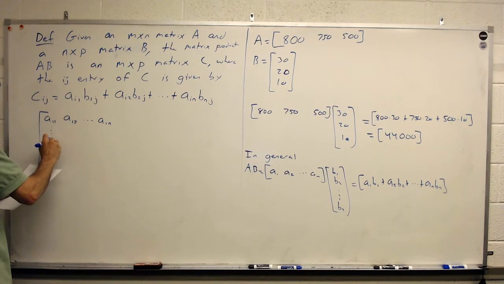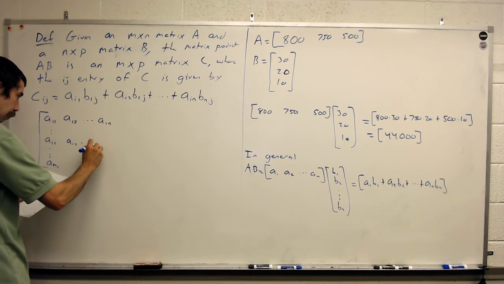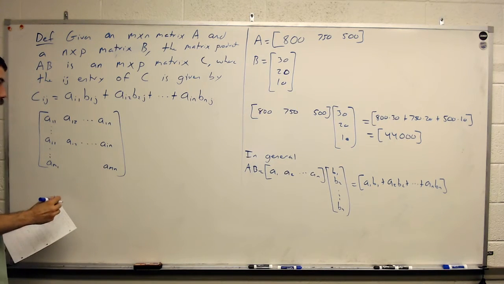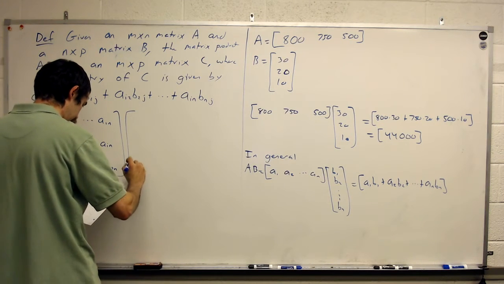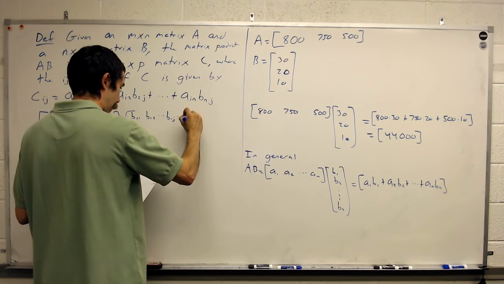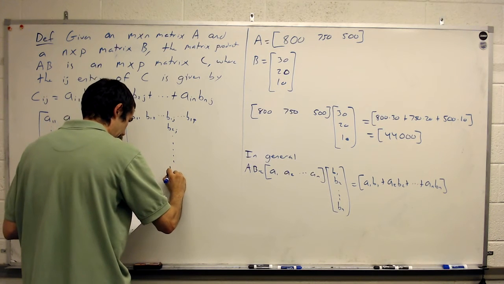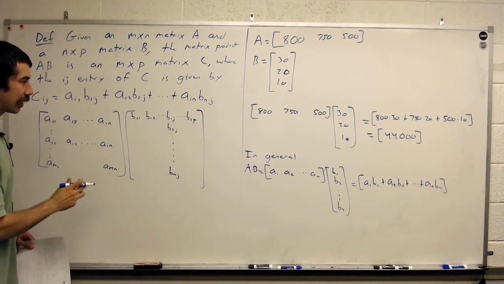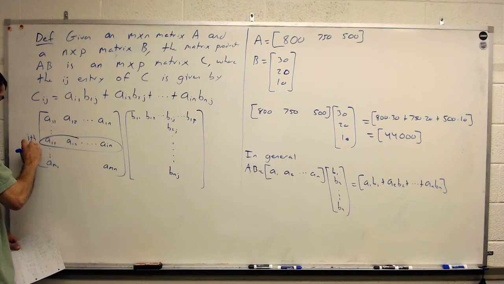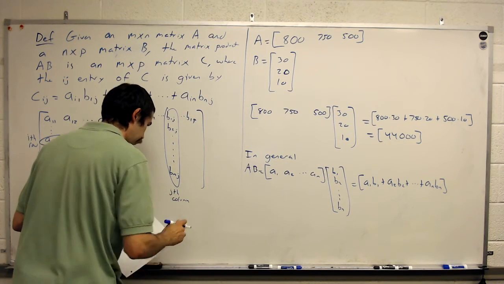Let's say this is the ith row, Ai1, Am1, and here's B. Okay, to get the ij entry of the product, we're going to go across the ith row and down the jth column. All right, this is how we're going to do it.